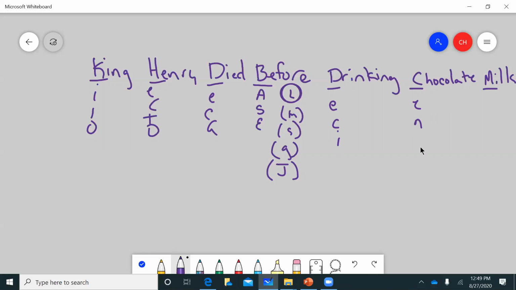Here's a centi. And then this is a milli.